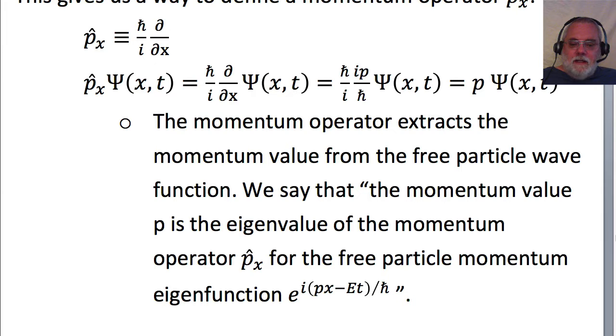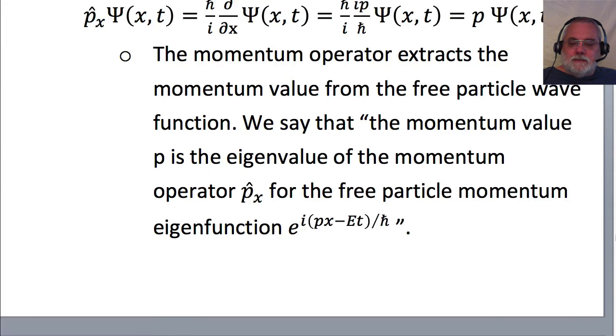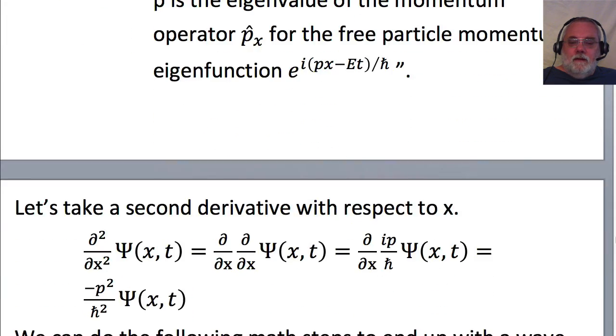Now we could take a second derivative with respect to x. The first derivative gives us a factor of ip over h bar, and the second derivative gives us another factor. i times i is minus 1, p times p is p squared, h bar squared.